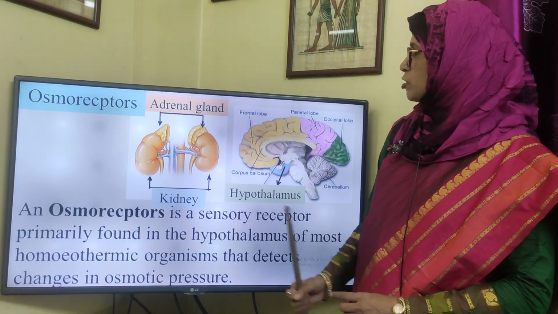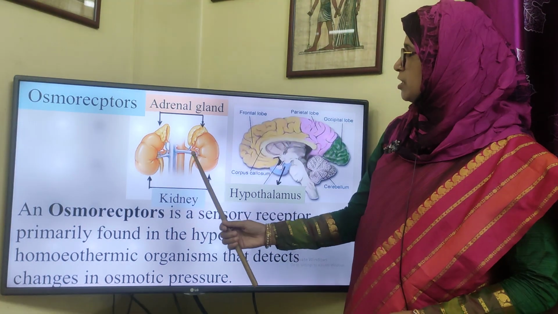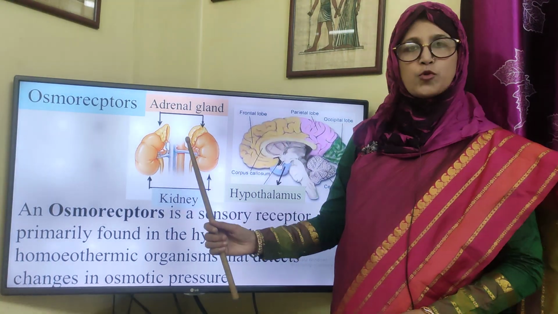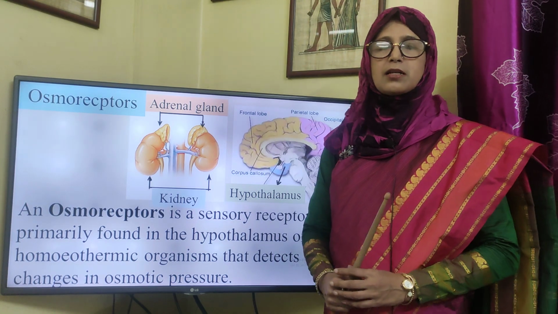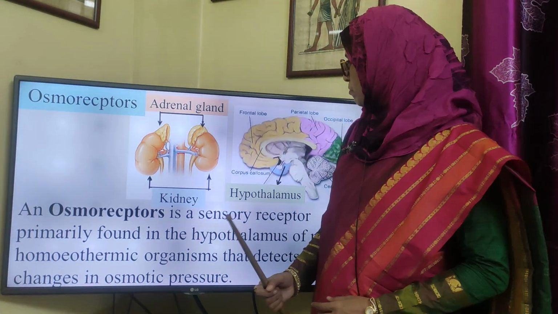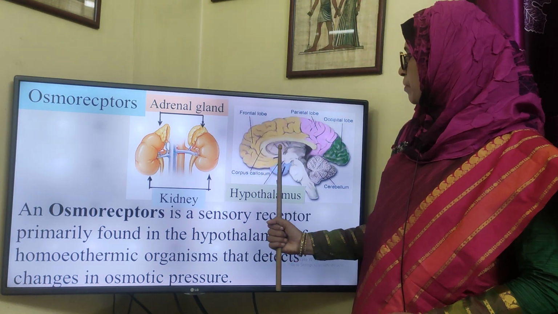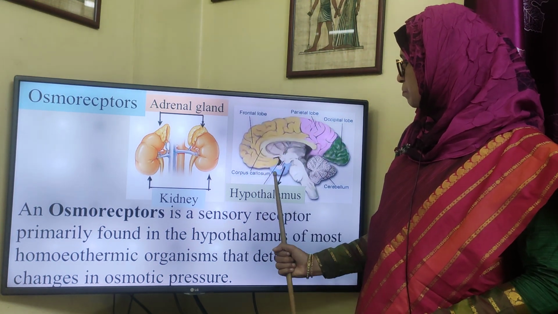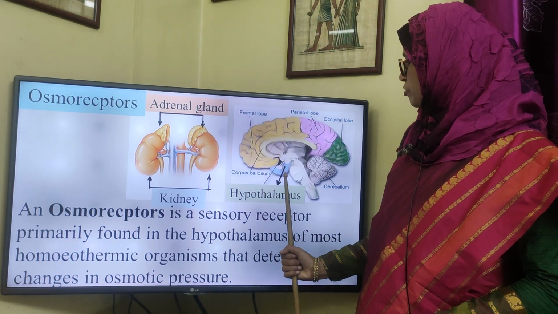So what is osmoregulation? See here, this is our kidney, and just above the kidney there are two adrenal glands. These glands secrete adrenal hormones. In chapter 10 we learned about this. This is the hypothalamus, just beneath the thalamus, and this one is the pituitary gland.